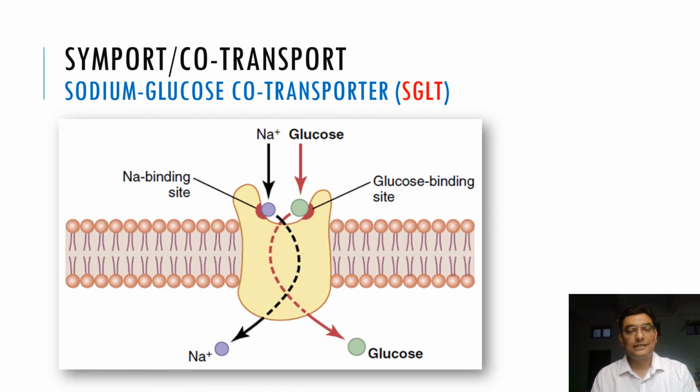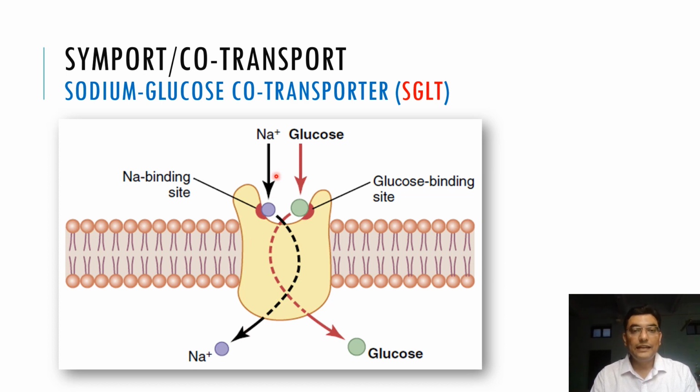Now, as you know, the secondary active transport is of two types. First is the symport and second is antiport. The symport is also known as co-transport. And one important example of the symport or co-transport is the sodium glucose co-transporter, very important, or SGLT. Now, as you know, the sodium ion concentration is higher outside, so it always wants to move inside due to the concentration difference.